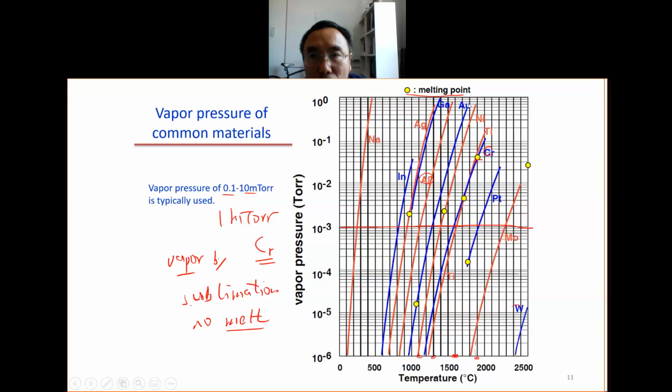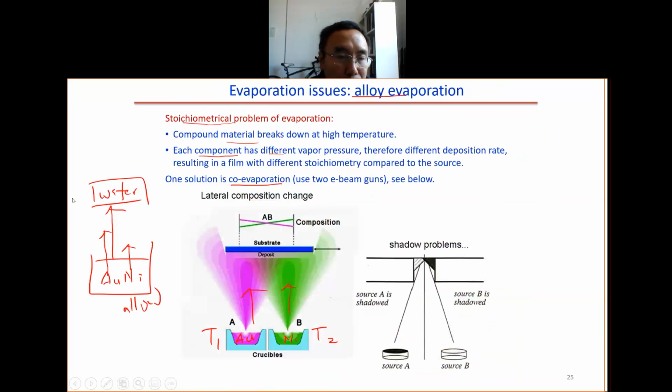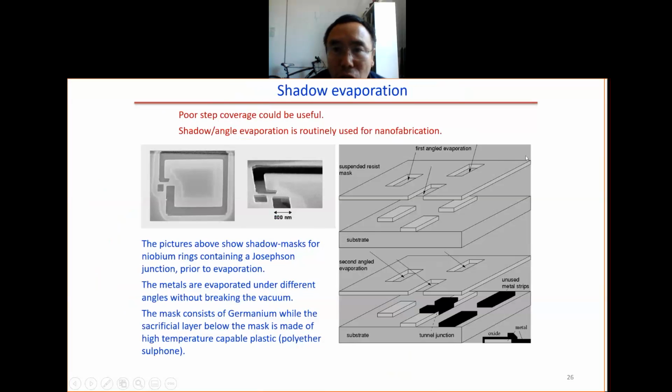So gold has higher vapor pressure than nickel for the same temperature. As a result, we get more gold deposition at the beginning. So we have more gold on the wafer, on the film, than nickel. So we can also make use of the shadow evaporation.